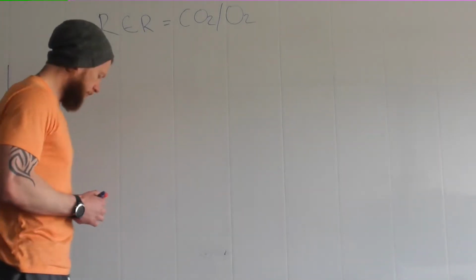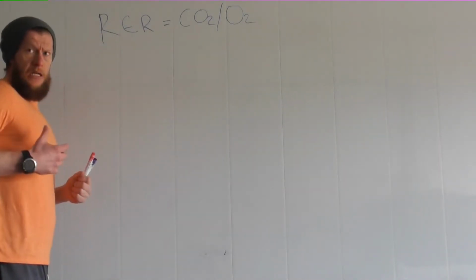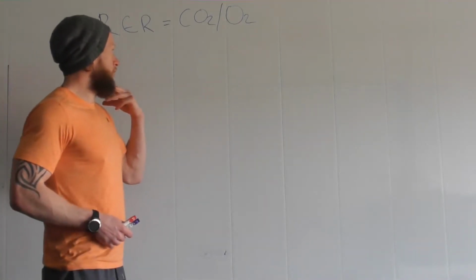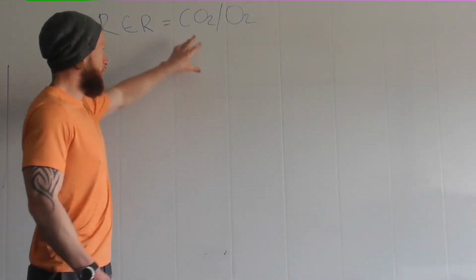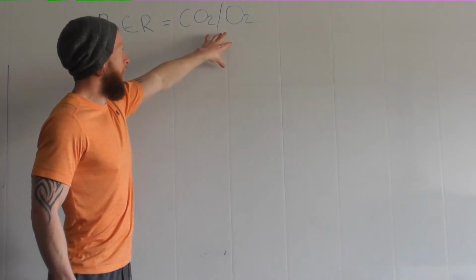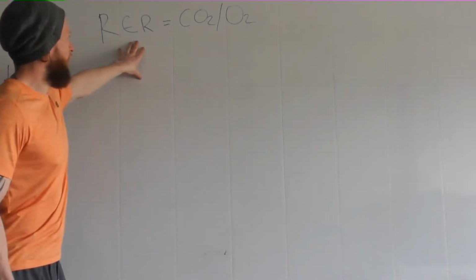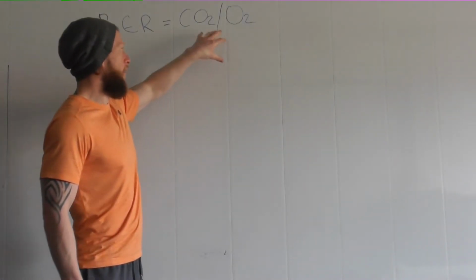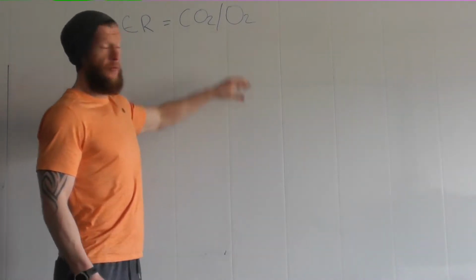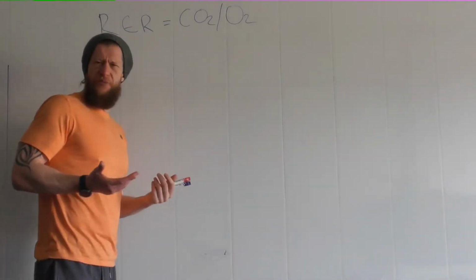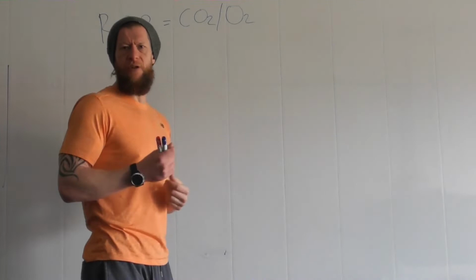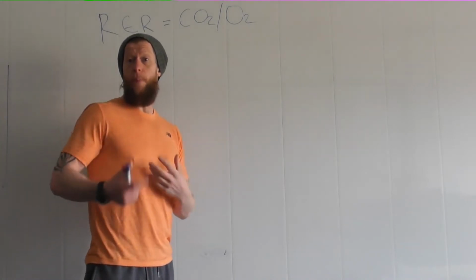So we breathe in oxygen and we breathe out CO2, and the respiratory exchange ratio can be calculated by dividing our CO2 expired by our oxygen uptake. How does this relate to specific fuel usage, to the ratio of carbohydrates to fats?